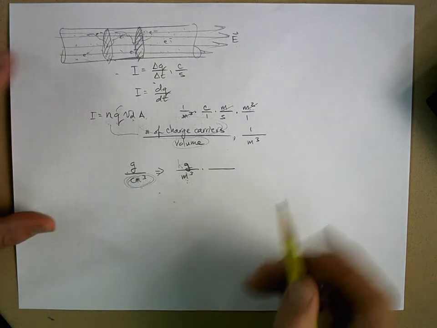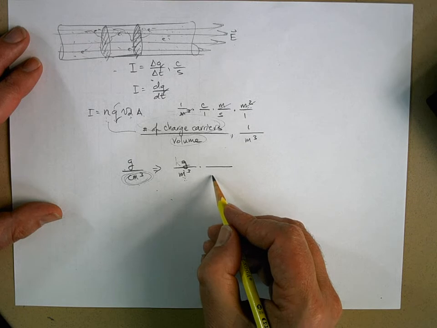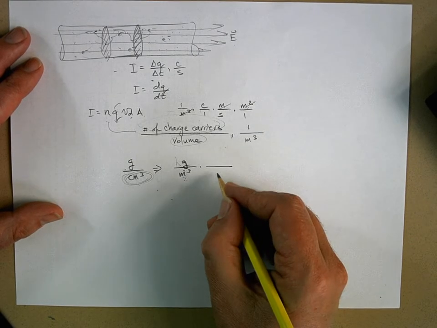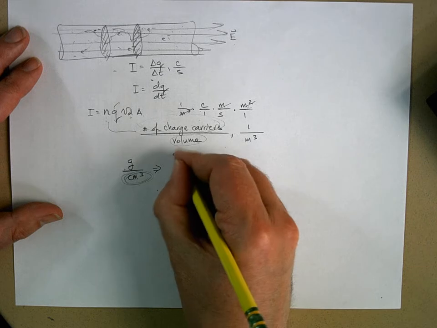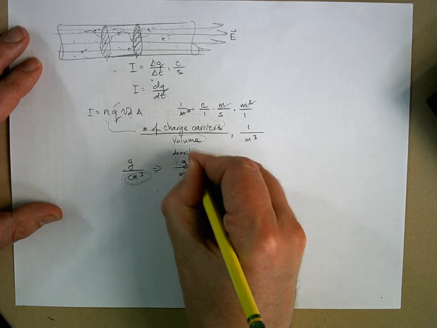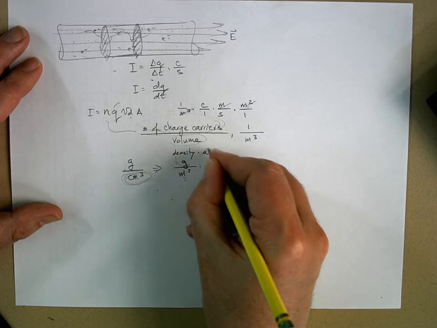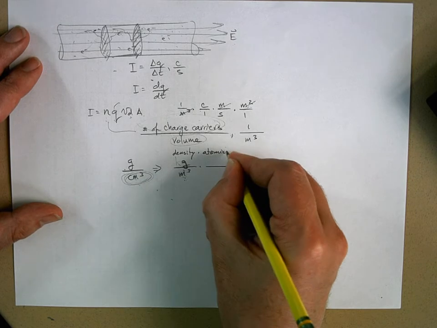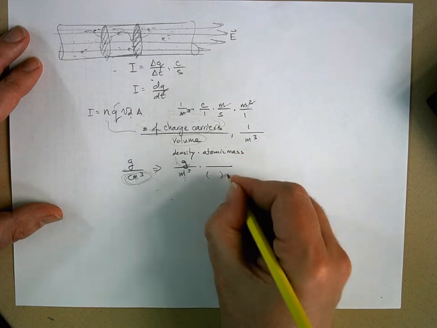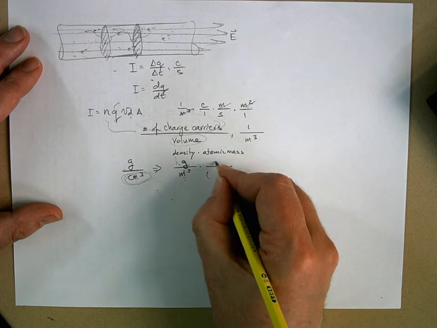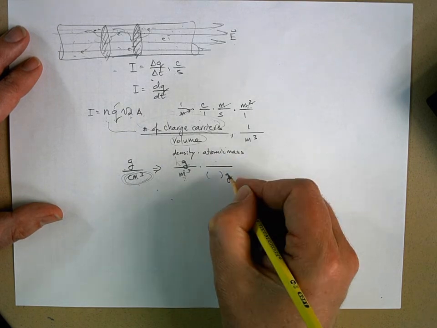But anyway, then you have to know the atomic mass. And you divide by the atomic mass, because what is atomic mass? So this is density divided by atomic mass. And atomic mass will be X number of grams per mole.